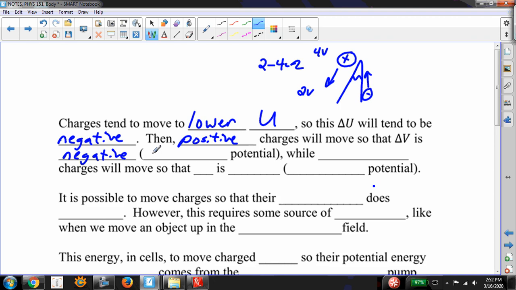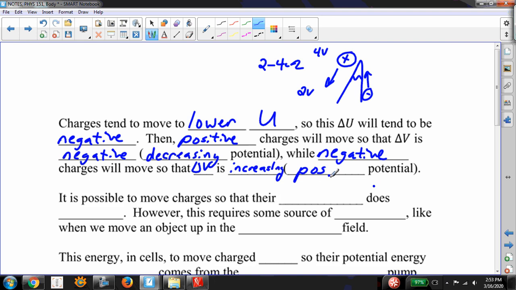So that's going to be decreasing potential. While negative charges will move so that delta V is increasing. That is a positive potential.